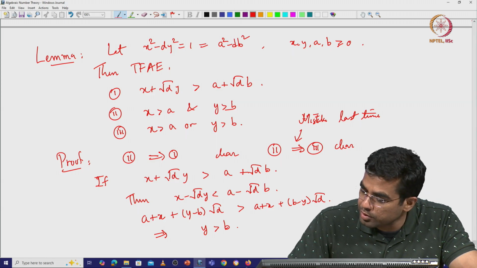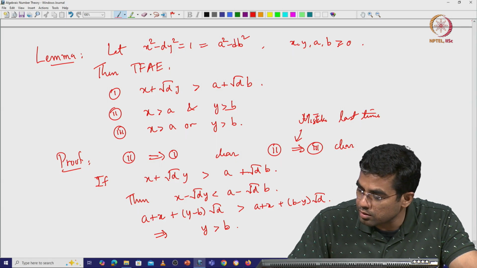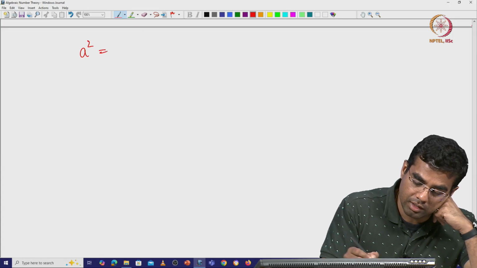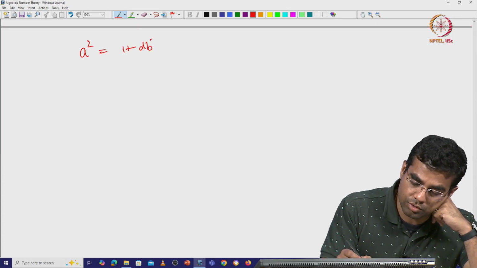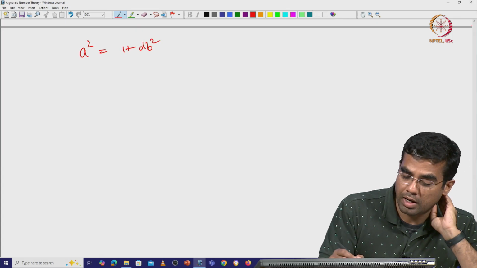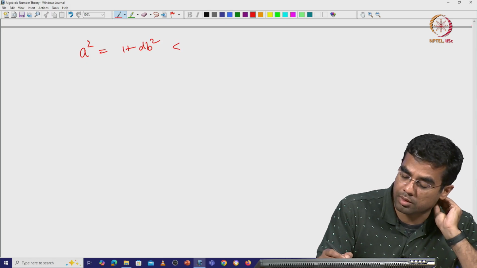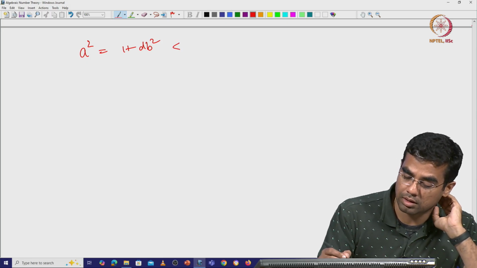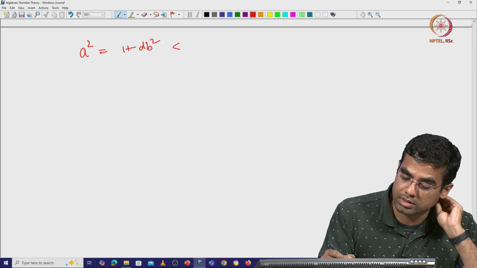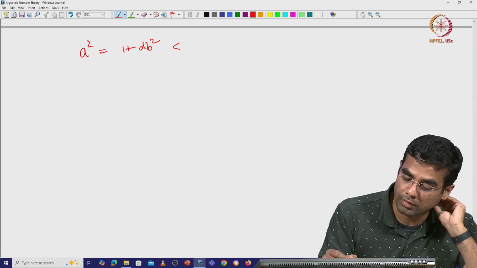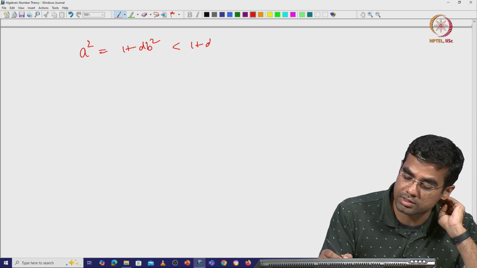Okay, maybe let me not write it that way. Let me, so a squared is 1 plus d b squared, and I know that b is less than y already. So, what this tells me is that this thing is less than 1 plus d y squared, which is x squared.